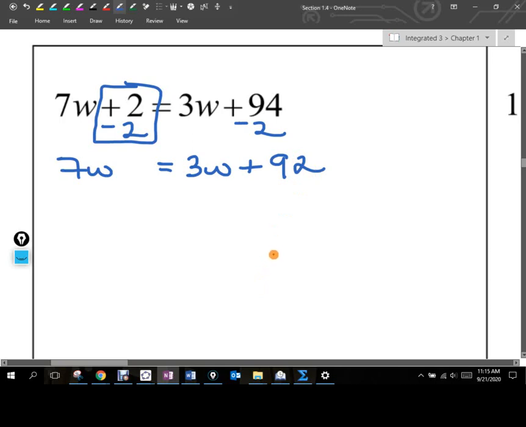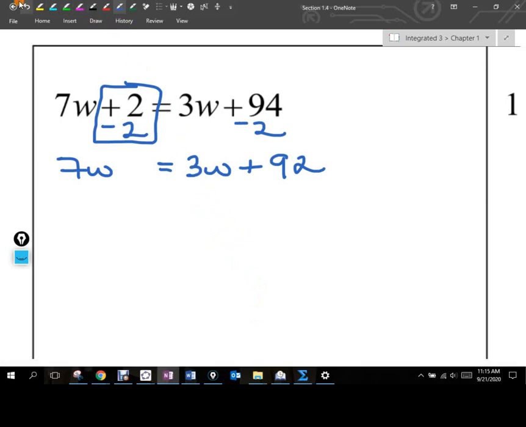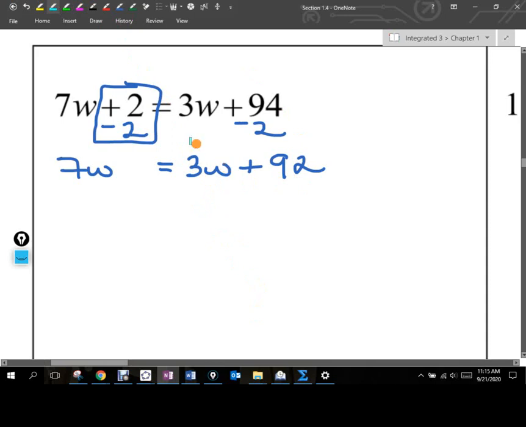Now what are you going to do? What are you going to divide by? Okay, so remember the overall goal is all our variables to one side. So right now I still got 3W on both sides. Good.